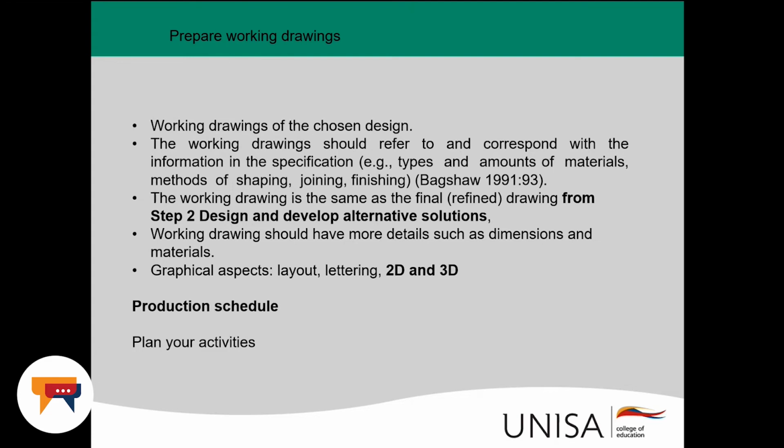It can be a planning of a week, 2 weeks, or a month, like to say today I'll be doing this, and these are the materials that I'll be using. It's just a form of a schedule based on the activities that you'll be doing in order to come up with the prototype, or the final product.